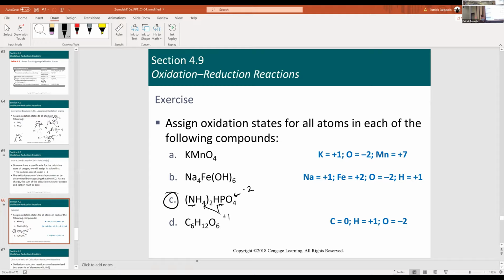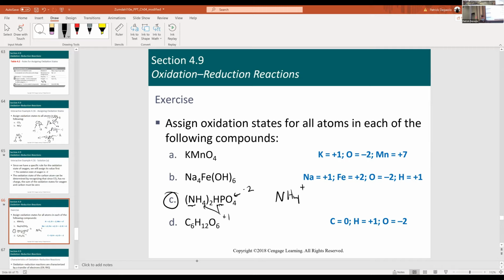So the answer is we've seen these before. We've seen NH4. It's ammonium. And we've seen HPO4 maybe. That's hydrogen phosphate. And those themselves are polyatomic ions that can be split up. So if we look at one NH4 molecule, we can find out the oxidation state of nitrogen.